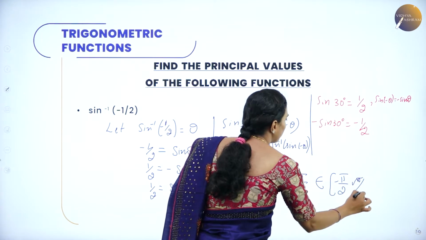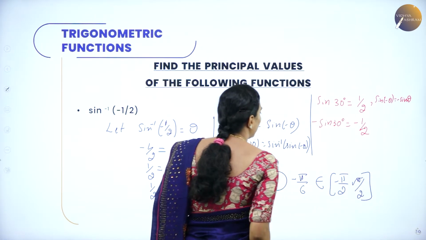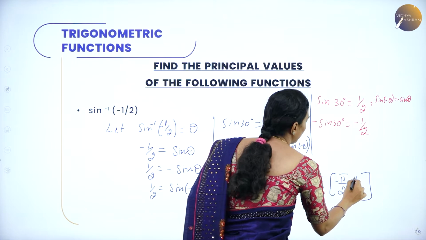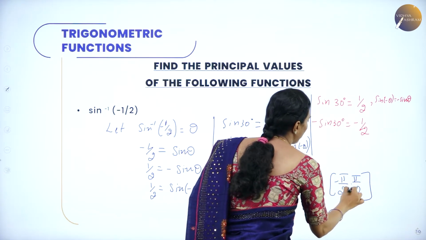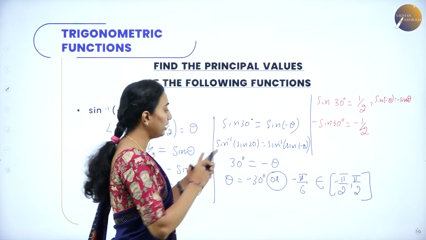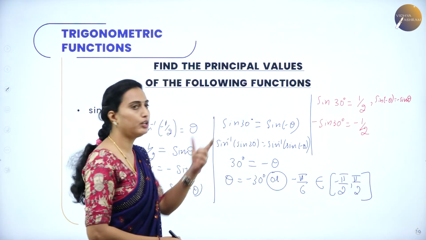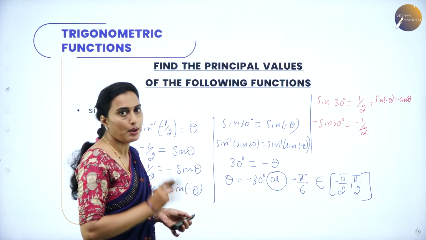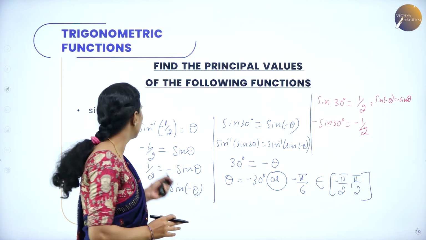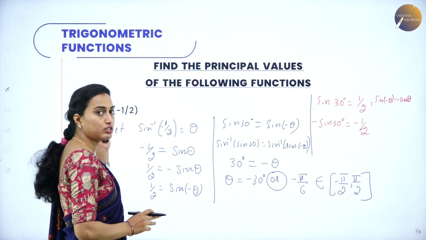This is very, very important. After finding the answer for the inverse trigonometric function, check the range, minus pi by 2 comma pi by 2. That is what the principal value branch means for the sine inverse function.